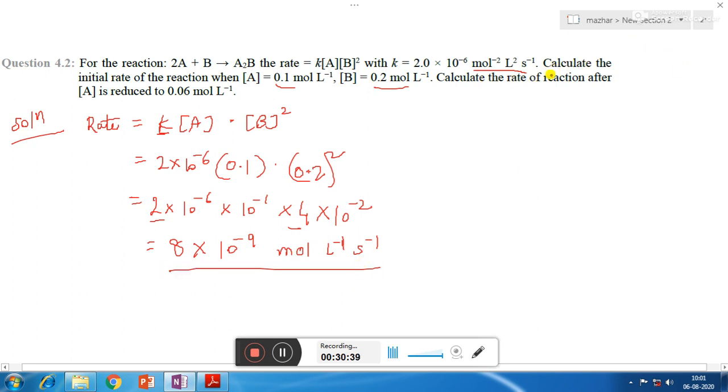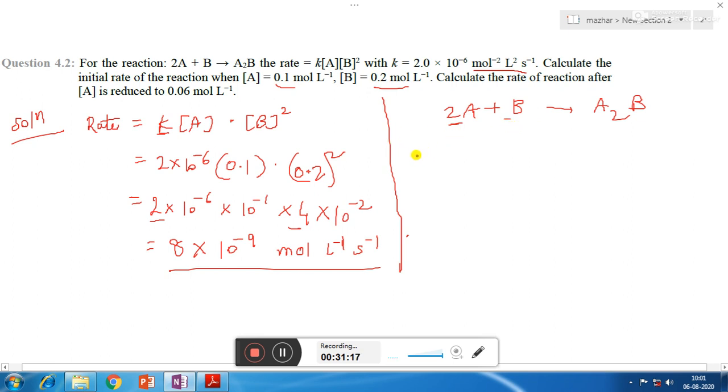The next is calculate the rate of reaction after A is reduced to 0.06 mole per liter. Now here you have to remember that according to the equation 2A plus B gives A2B, as compared to the stoichiometric coefficient of A, the stoichiometric coefficient of B is half. So if the coefficient of A is 2, the coefficient of B is 1, so that means whatever amount of A is reduced, the amount of B reduced will be half of that.